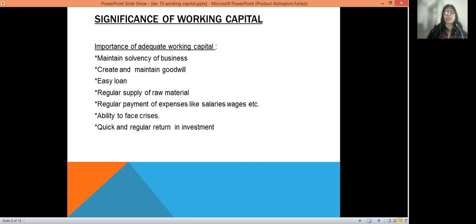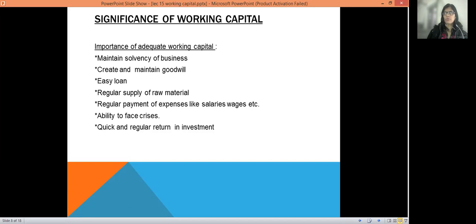Next one is create and maintain goodwill. Actually, we are running business to fulfill the needs of the people, and if we are not able to provide the goods on time, for example, in the festive season, and we are not able to provide the goods according to the requirement of the people, it will affect the goodwill of that particular company or organization.